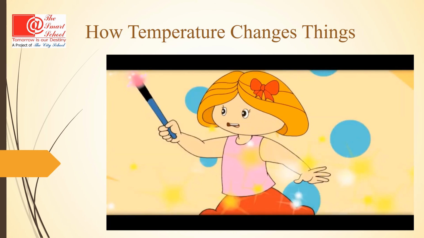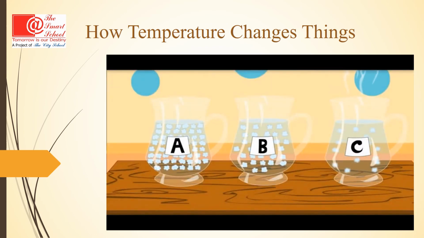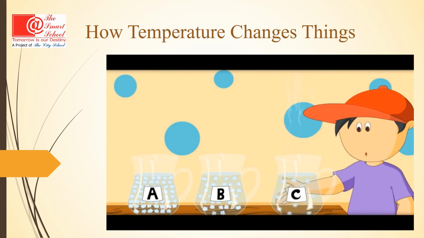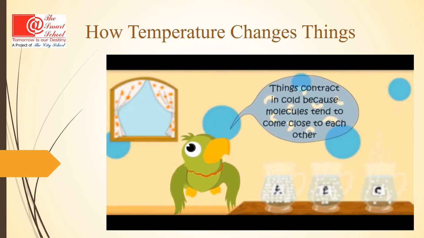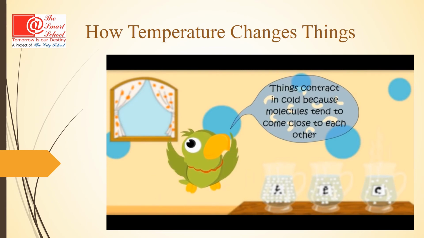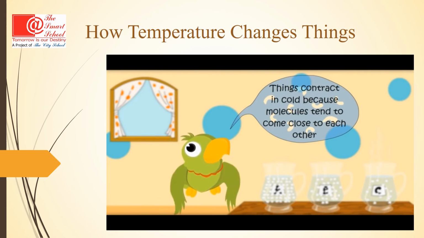With a magic wand, let's see what a molecule is doing in this jug. Can you see the molecules in these jugs? Yes, in jug A, molecules are contracting due to cold. Things contract in cold because molecules tend to come close to each other.